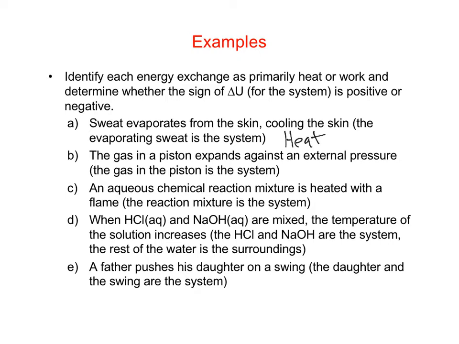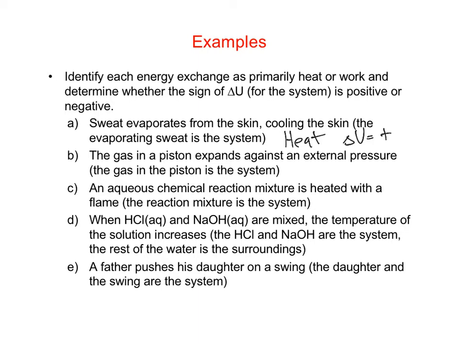In this case, the sweat is the system, and so the skin is part of the surroundings. If the skin is cooling, that means it's losing heat, so the system must be gaining the heat. And so in that case, delta U is going to be positive if it's absorbing heat from the surroundings.